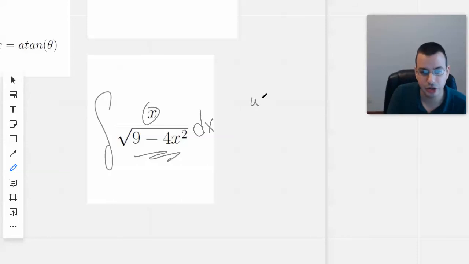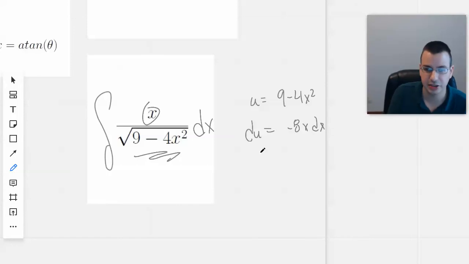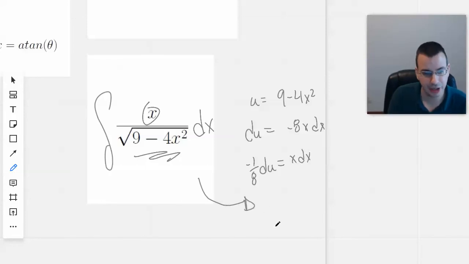So you'd say u equals 9 minus 4x squared, du equals negative 8x dx, negative 1 over 8 du equals x dx. This then becomes the integral of 1 over the square root of u times negative 1/8 times du.